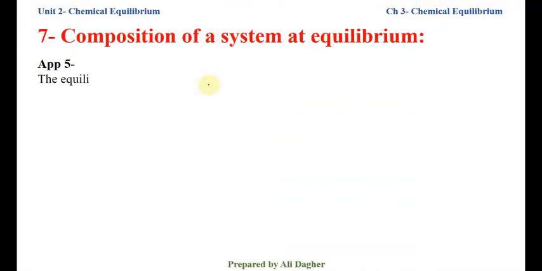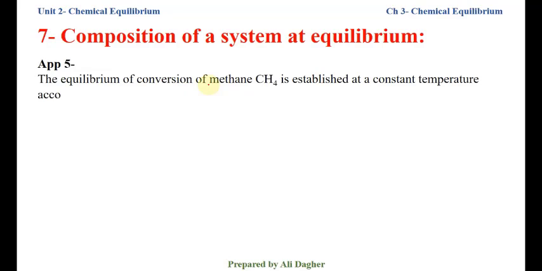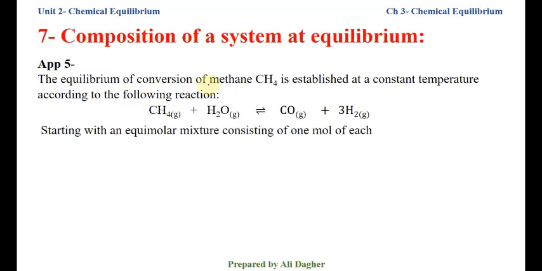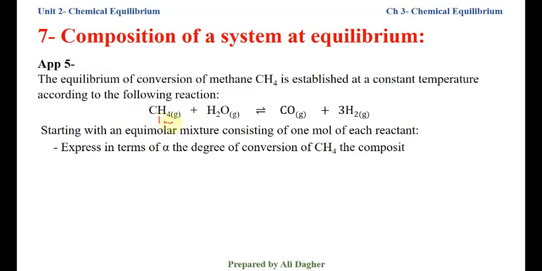Now, application 5. The equilibrium of conversion of methane CH4 is established at a constant temperature according to the following reaction: CH4 plus H2O gives CO plus 3H2, starting with an equimolar mixture consisting of 1 mole of each reactant, that is 1 mole of methane and 1 mole of water.